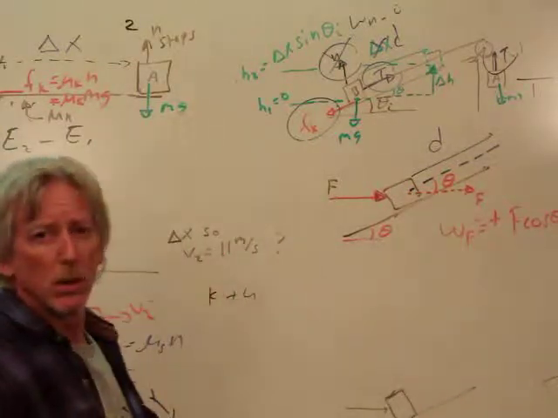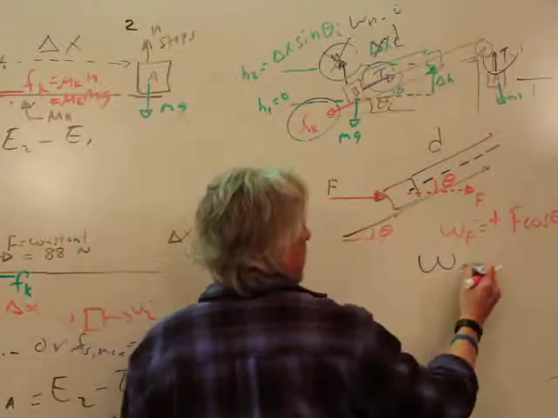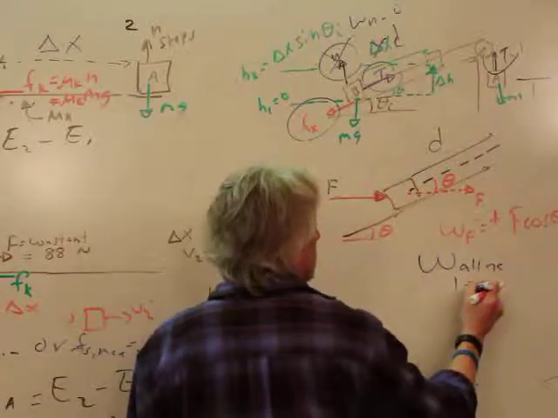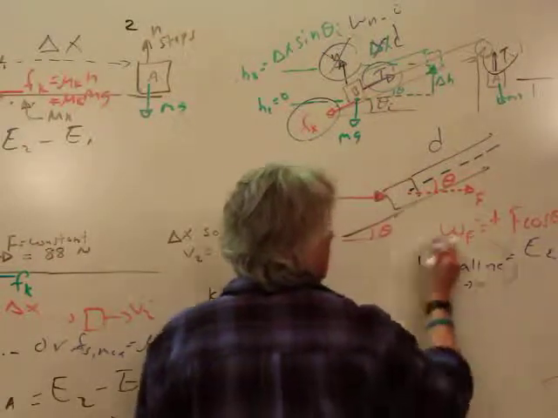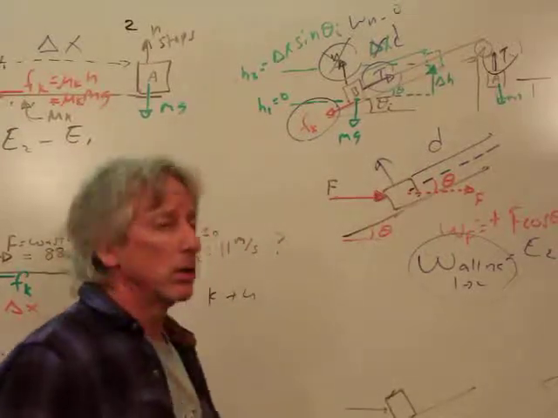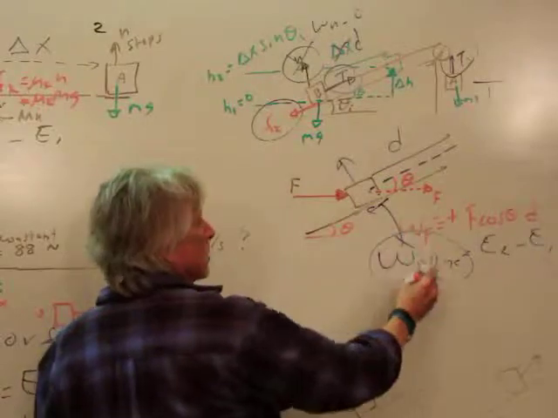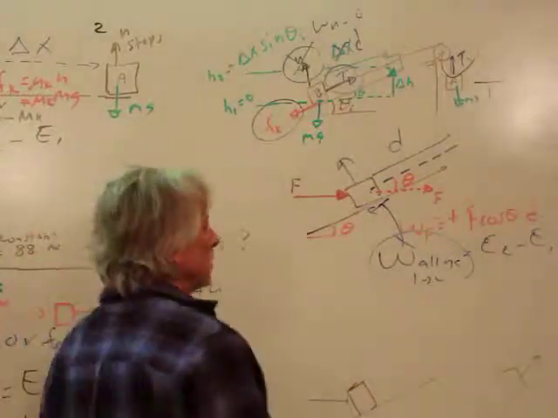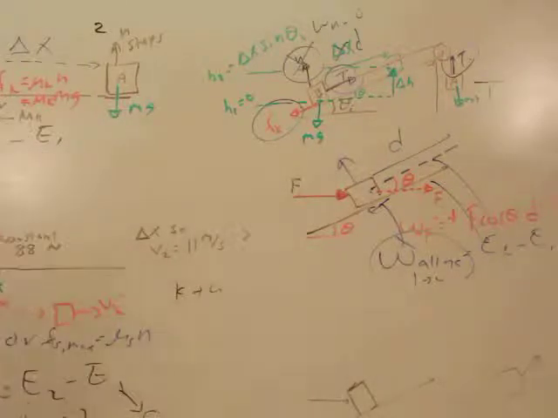Definition of the work. You still have to put that all into work, all non-conservative, 1 to 2 is energy 2 minus energy 1, and just check out all the forces. Normal's not going to do any work. If there's friction, sorry, you got to put that in there too, and so on. Kinetic energy and potential energy changes in there, fine.